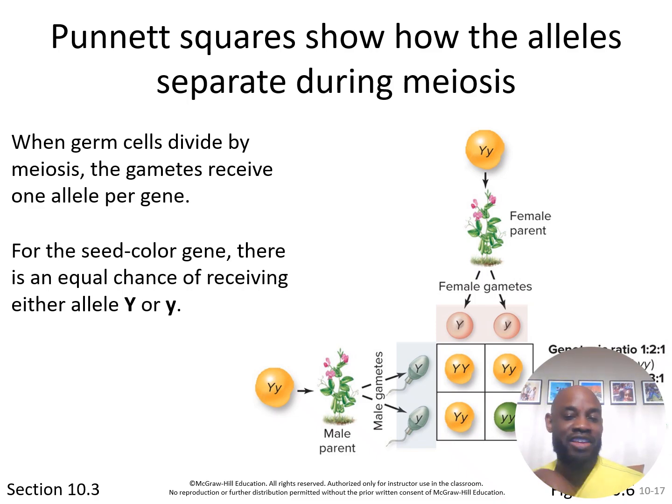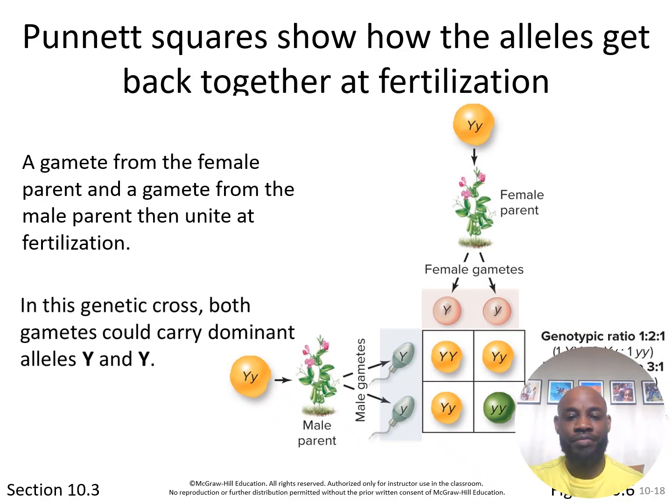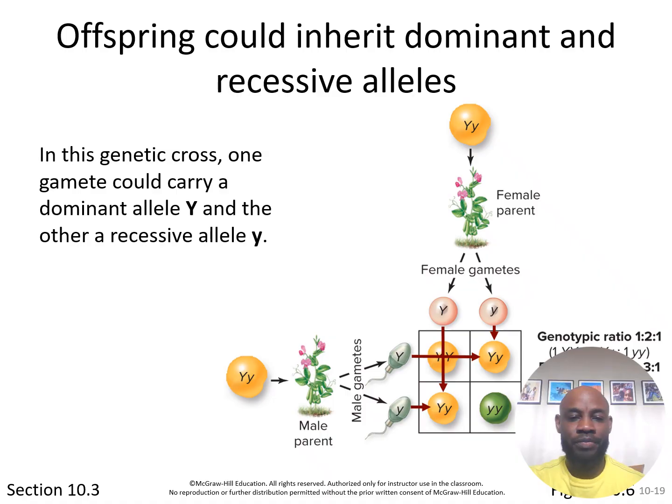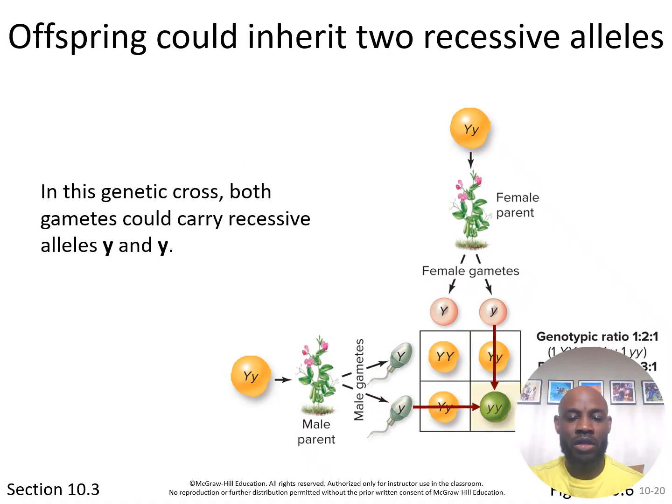Remember, they have half the number of DNA, so they would either receive a capital Y or a lowercase y if the parent was heterozygous. So that shows us what that would equal out to. And the chance of green is 25%.